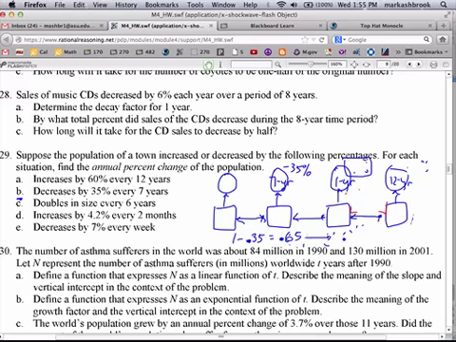We need the 1-year decay factor, which is 0.65 to the 1/7. Tell me what that is. 0.9403. So every 7 years, we're keeping 65%. Every 1 year, it means we're keeping 94%. So rewrite the 0.9403 as 1 minus what?